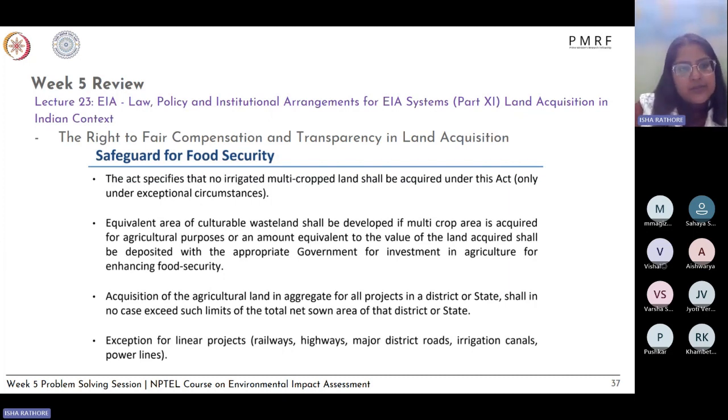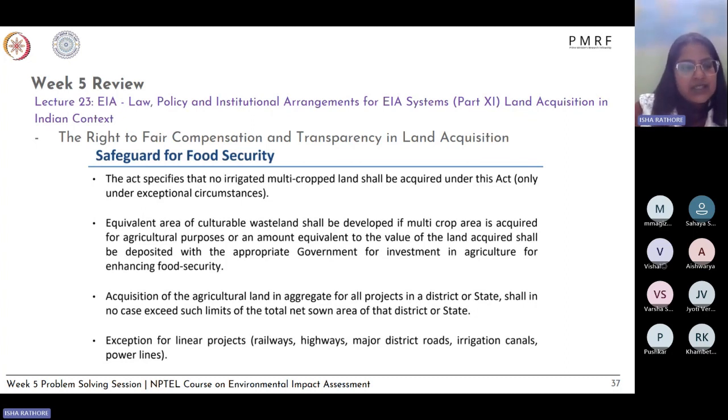This act basically specifies that no irrigated multi-crop land shall be acquired under this act, and only in exceptional circumstances can agriculture-based land be acquired.